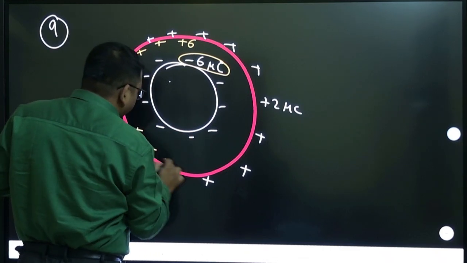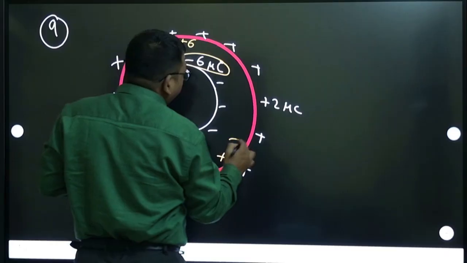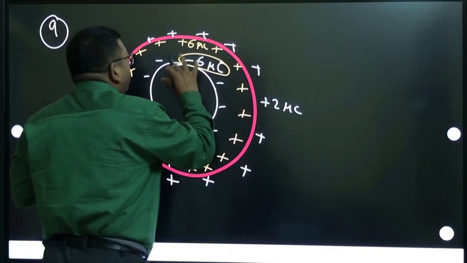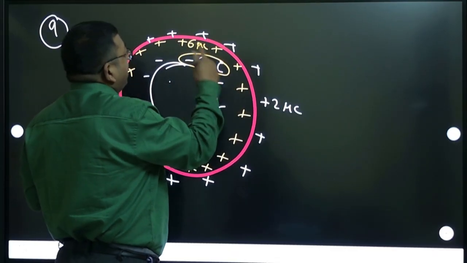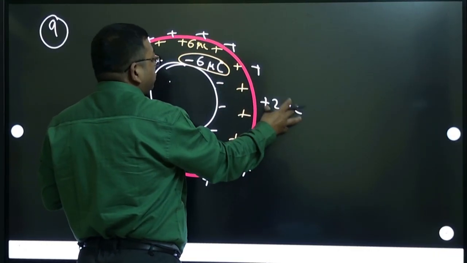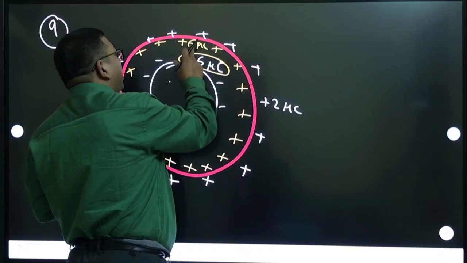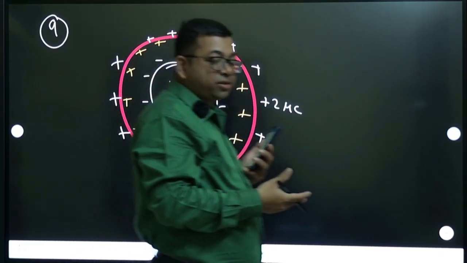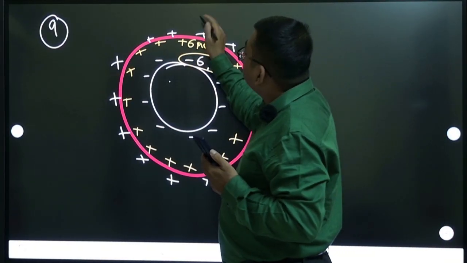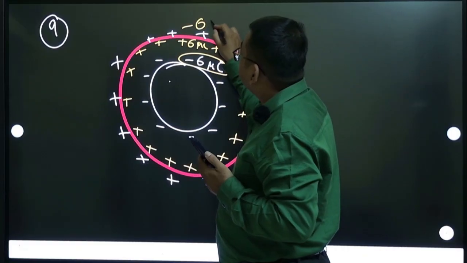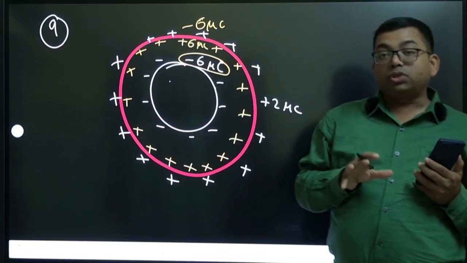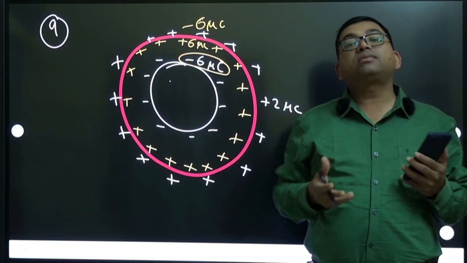On the inner surface of this shell, we will have +6 microcoulomb. Now this is +6, and the total charge here is +2. What should be the remaining charge? If +6 has happened on this side, the other side will become -6, because the total charge due to induction must be 0, because if you touch, only charges will transfer.